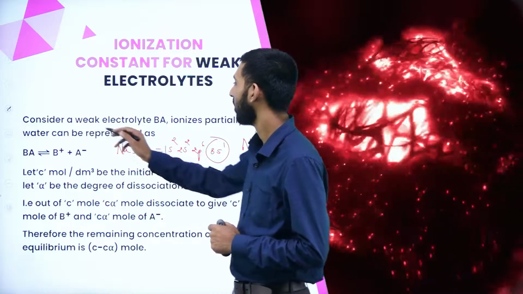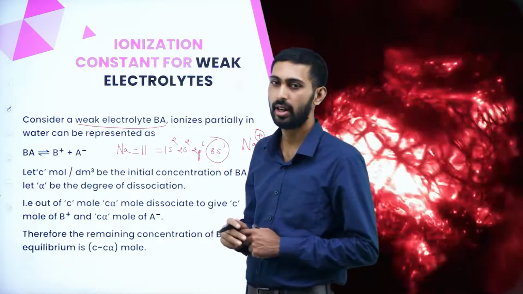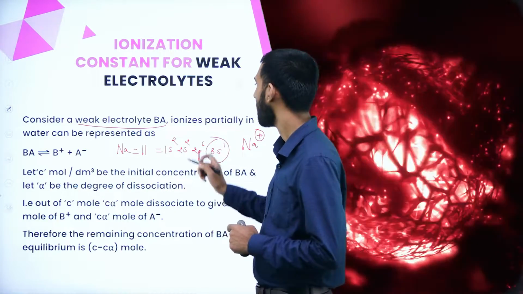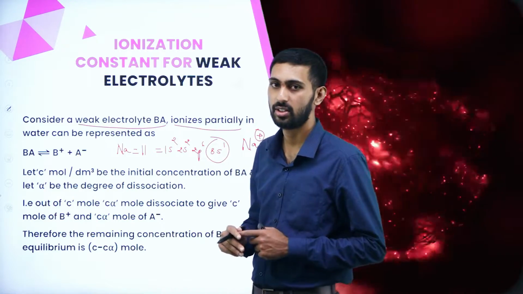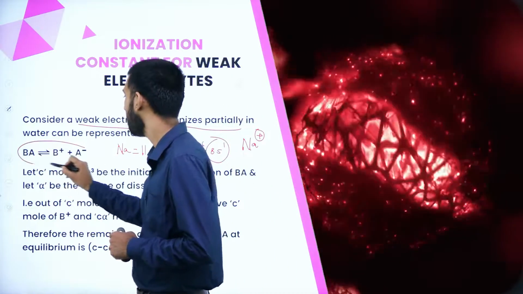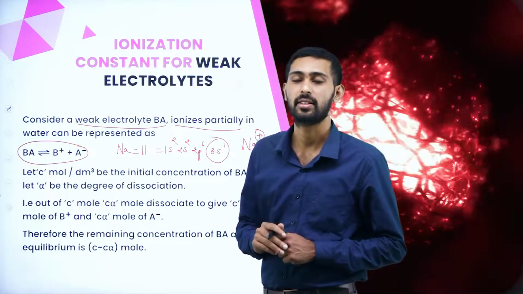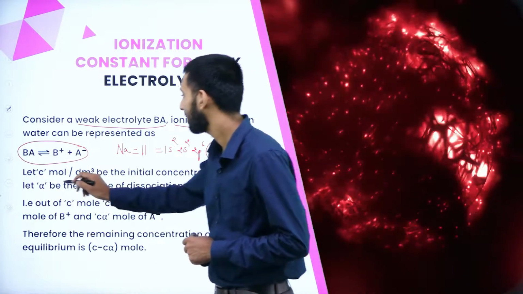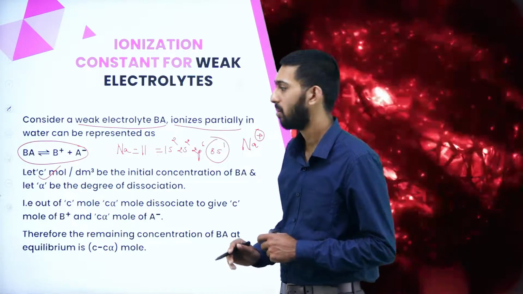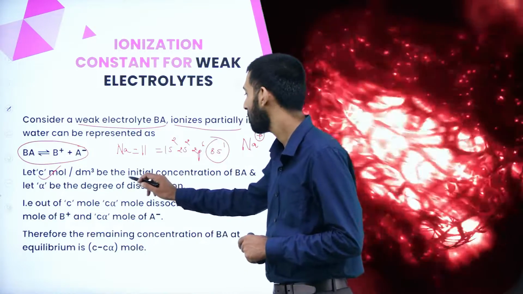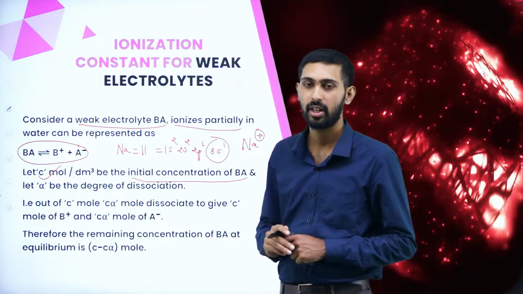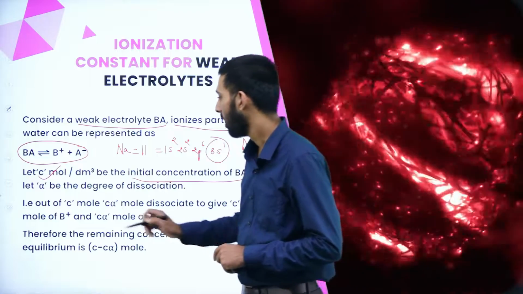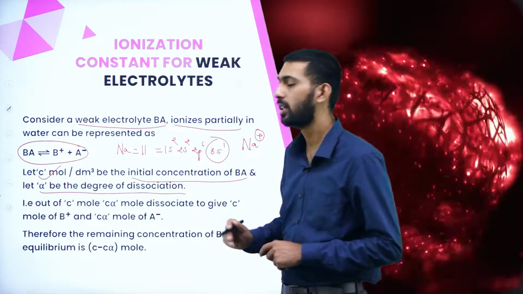Now let us consider one weak electrolyte, that is BA. It ionizes partially, and it forms B plus and A minus. Let C mole per dm cube be the initial concentration of BA, and alpha be the degree of dissociation.